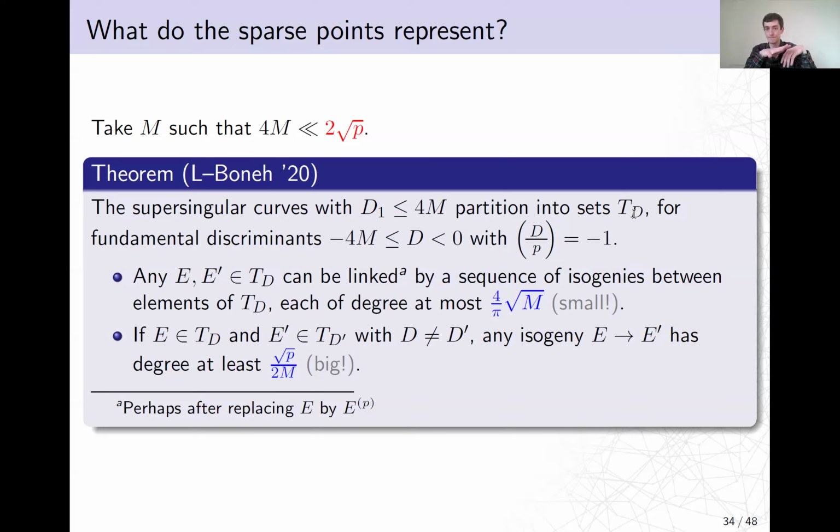For each of these, we can reduce it mod p and find a supersingular j-invariant with a quadratic order of that discriminant in its endomorphism ring. So far, does that make sense?